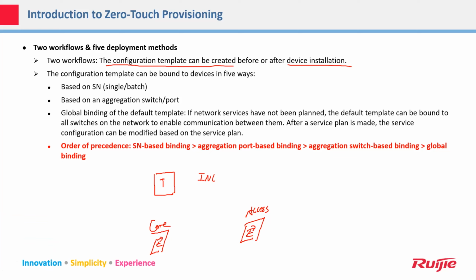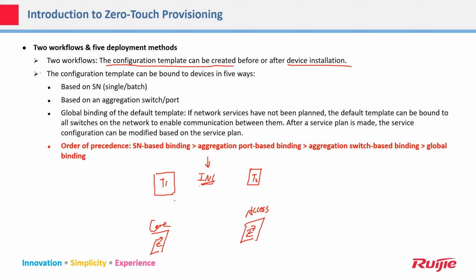For example, this is template 1 and this is template 2. Template 1 is for the core switch and template 2 is for the access switch. So how does the INC distinguish whether the switch is a core switch or an access switch? As a network engineer, you should tell the INC which is the core switch and which is the access switch. How do we do it?